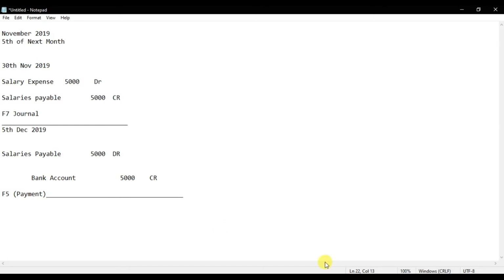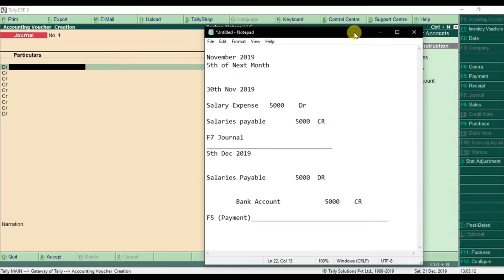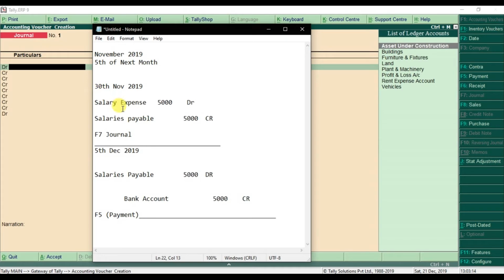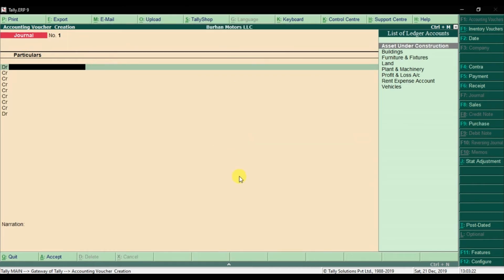Okay? So that is the scenario. This first entry is through F7, in which you are not paying anything. And when you pay the salary, then you need to go to F5, the payment. Clear? Any question? Yes or no? No. Okay.